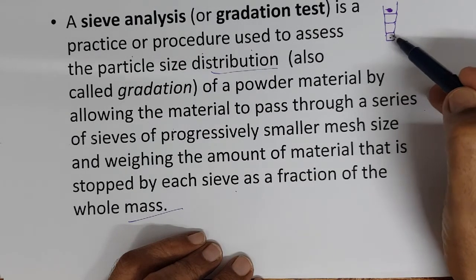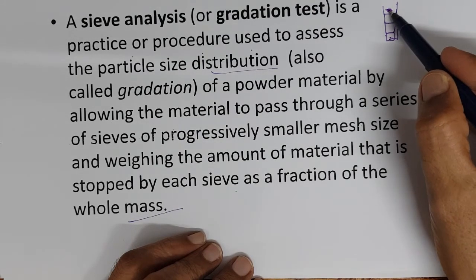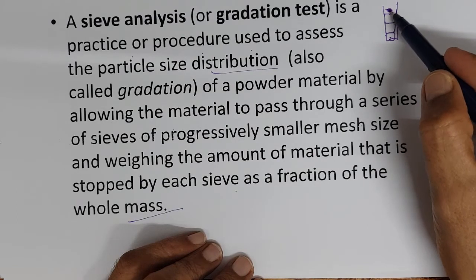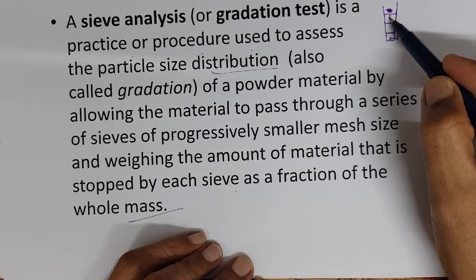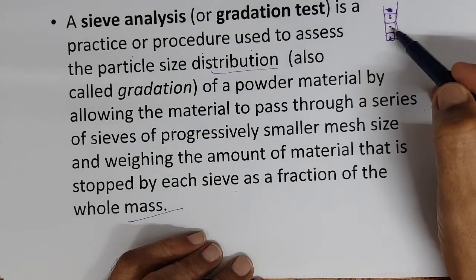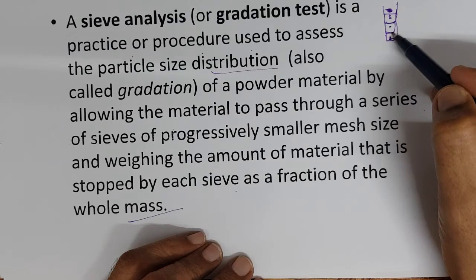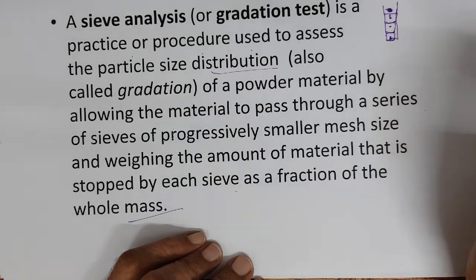When you go down, these are the finer particle sizes, right? So what is retained here? What is the percentage retained here?